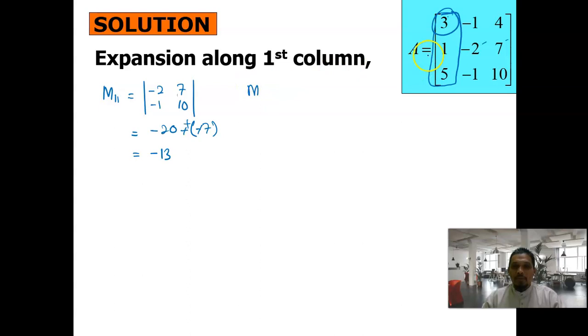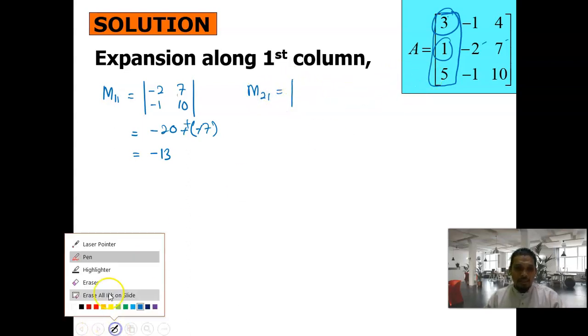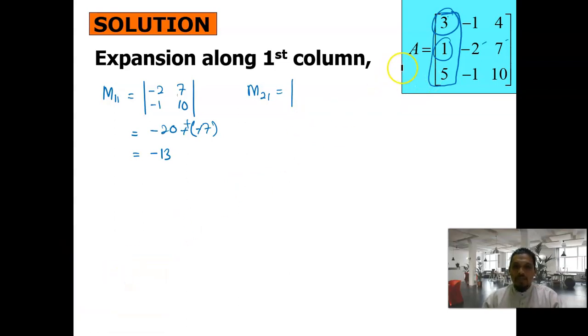The minor for 1 here is the minor of row number 2 and column 1. Never mind, I'll repeat the process. Hide the element in row 2 and column 1. So what's left here?